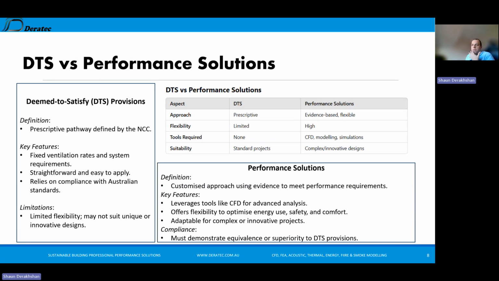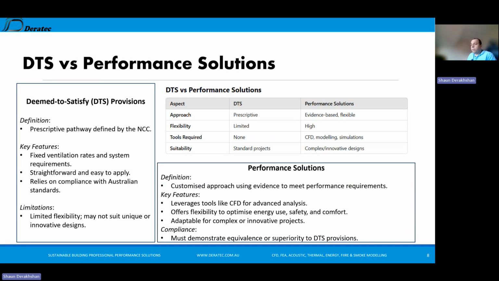DTS is a pathway defined by the NCC. The key factor is, for example, fixed ventilation, or wind data. It is straightforward, easy to apply, and relies on compliance, but has limited flexibility, may not suit unique projects, or sometimes you can't practically do that because of limitations of projects.